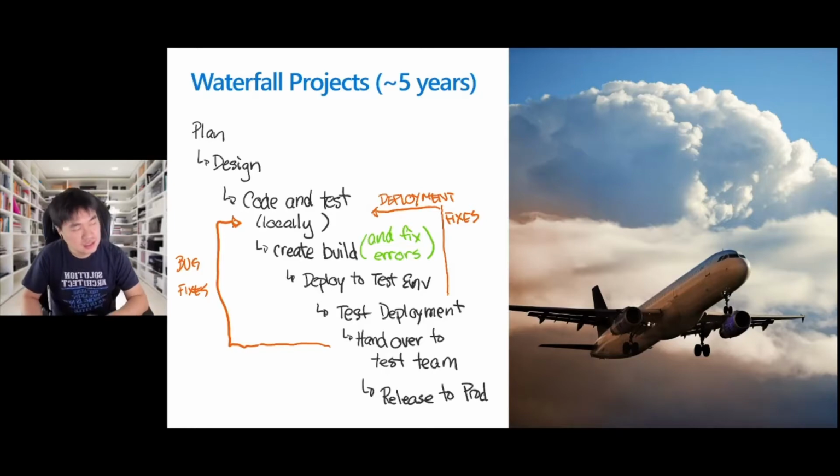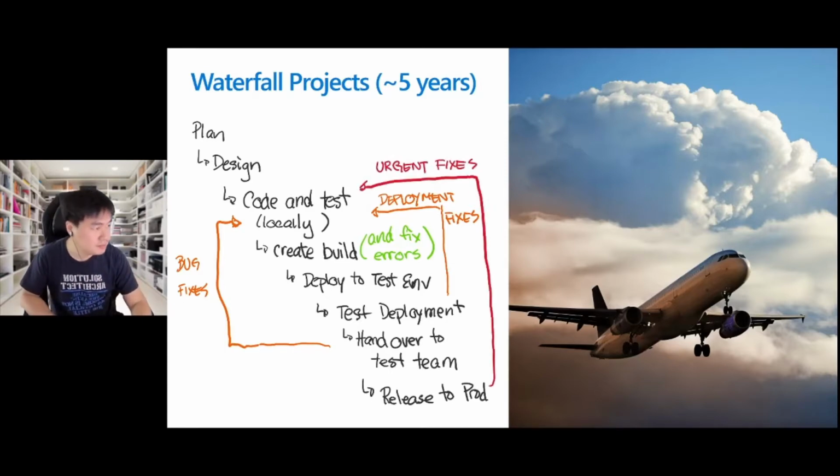Now this is fine for maybe projects that don't have a lot of changes in between, because as you know, one of the biggest pain points of waterfall projects is that when the requirements change, you basically have to go back to the design phase, and it may cause a lot of impact in how you coded the application, right?